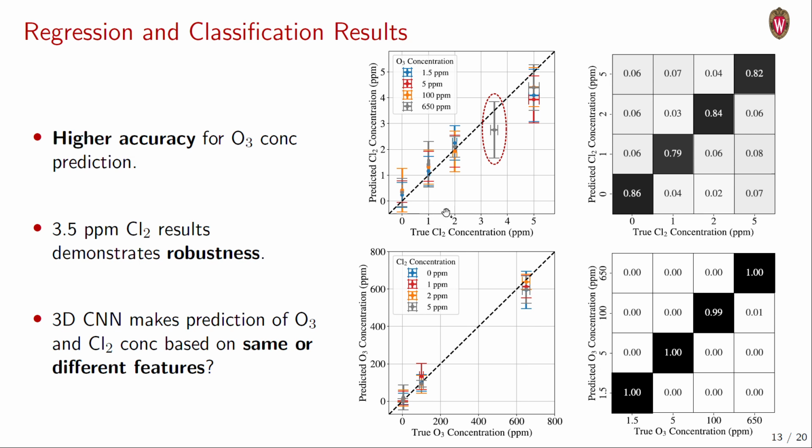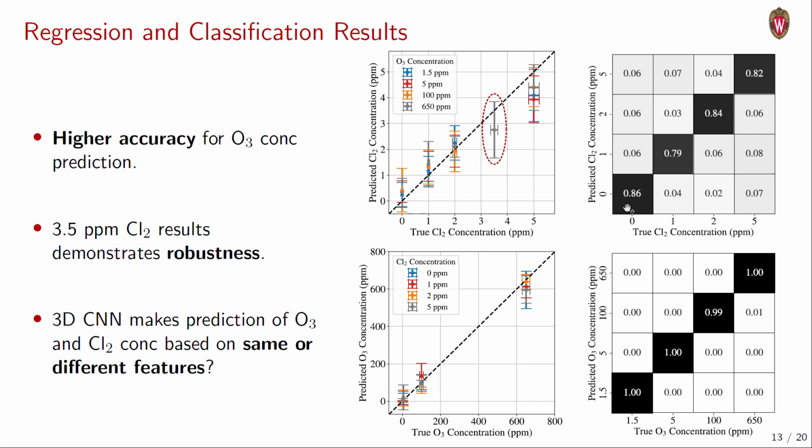For the never before seen 3.5 ppm chlorine concentration, our results are quite close to the true value. It does not go very high above 5 ppm or below 0 ppm. Shown here are the results of ozone concentration regression. The R-squared value for ozone is 0.96, which is very close to 1.